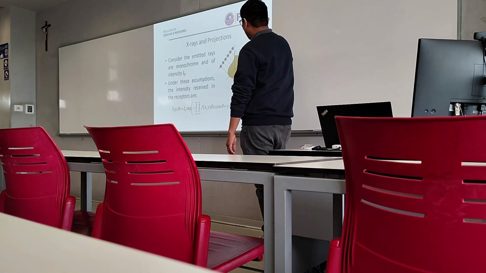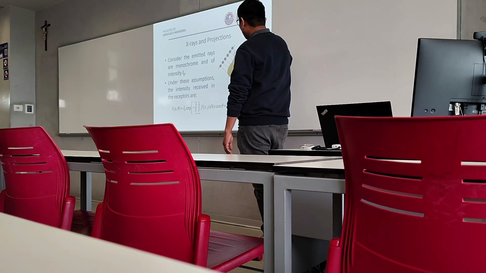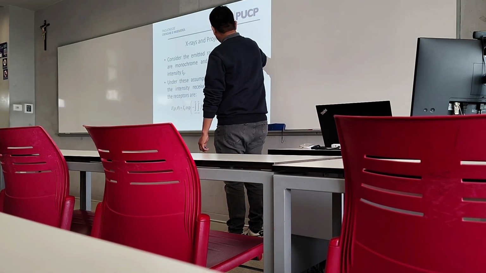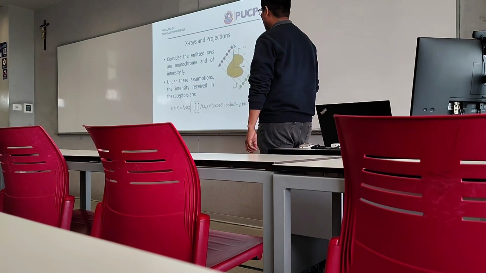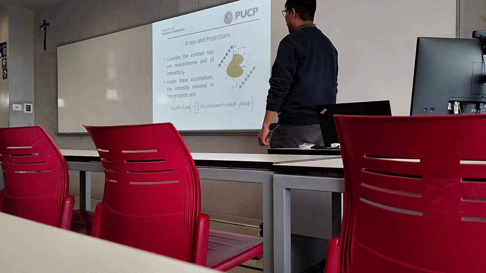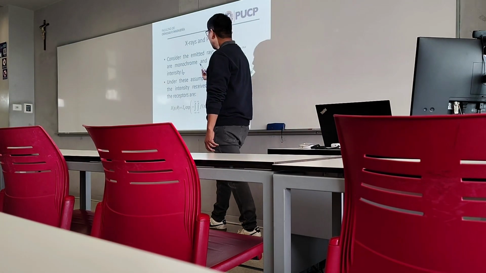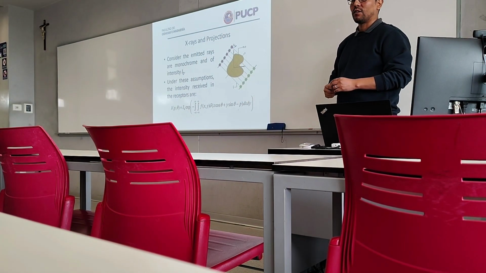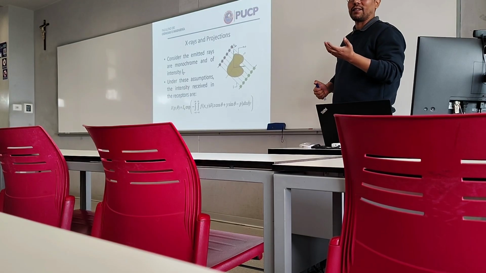So now we assume that the intensity at this point is I0. And monochrome. What is monochrome here? It is only one energy level.